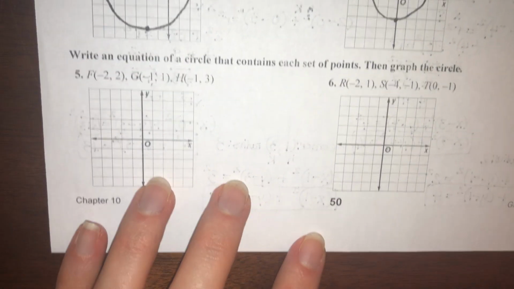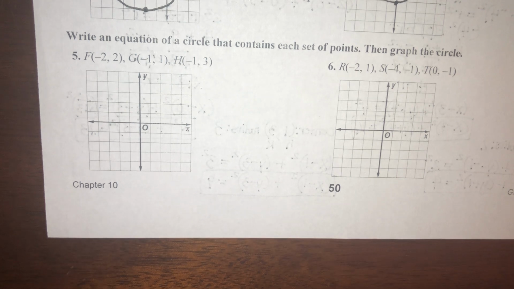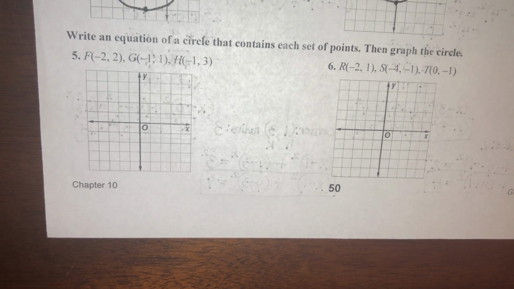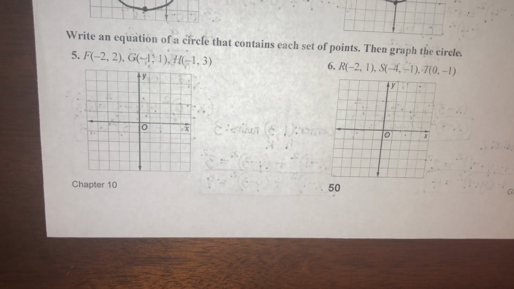All right. Let's go on to number 5. The directions have changed. It says, write an equation of a circle that contains each set of points, then graph the circle. Well, guess what? I'm going to be a little bit of a rebel here, and I'm going to put the points down first and graph that circle and then come up with my equation.